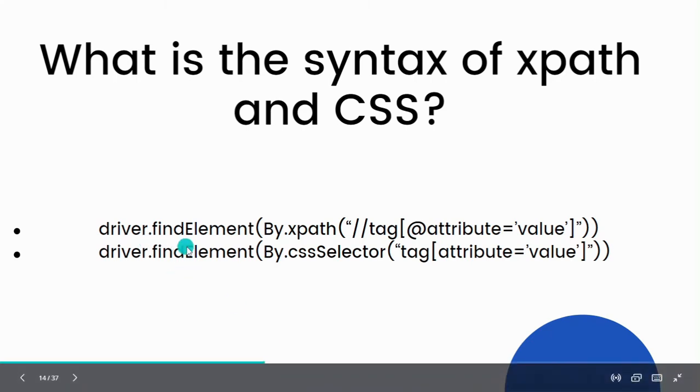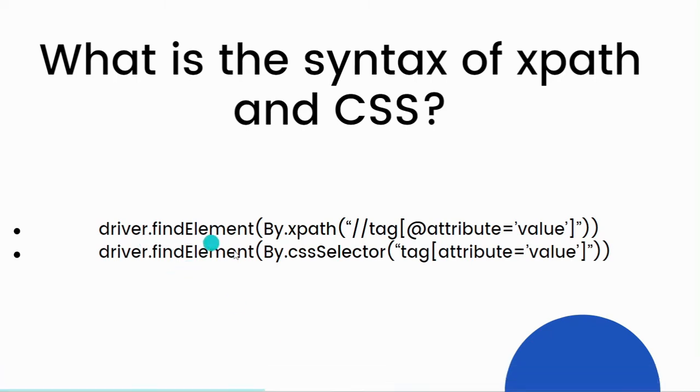We know we have the driver.findElement method to find any web element, and here we are using the xpath technique. So we'll write it as By.xpath, and the syntax goes in this format: // tag followed by @attribute equals value. Here the tag is any HTML tag. It can be a div tag, span tag, image tag, paragraph tag, or anything.